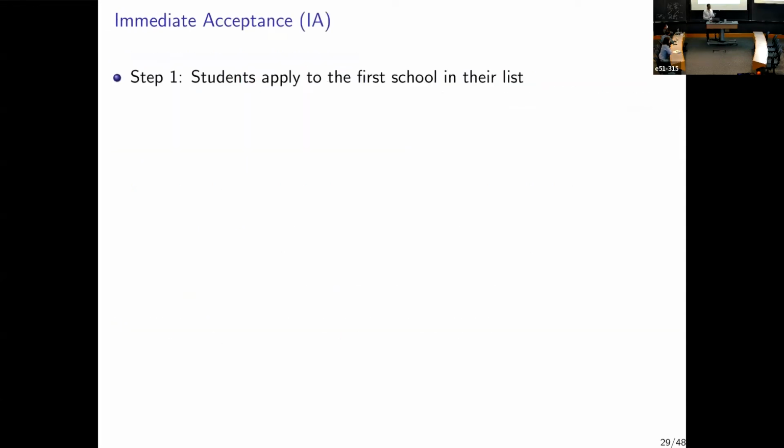Okay, so now let's think of another mechanism where what John said is also going to be super relevant, that we're going to have to be thinking about probabilities, and this is the immediate acceptance mechanism. Now, let me tell you how it works, although I trust that you already know. People report the rank order list, and the mechanism first acts as if students first apply to the first school in their list.